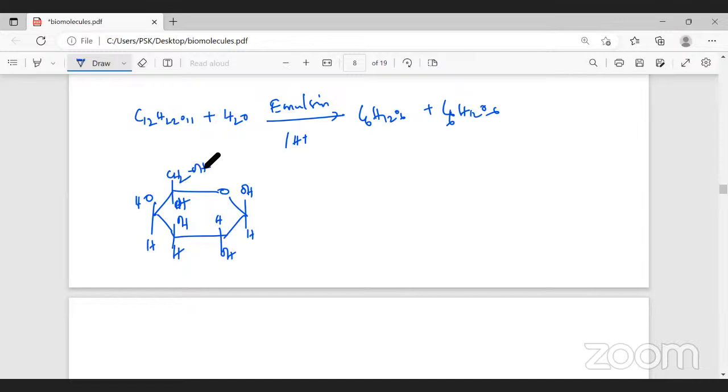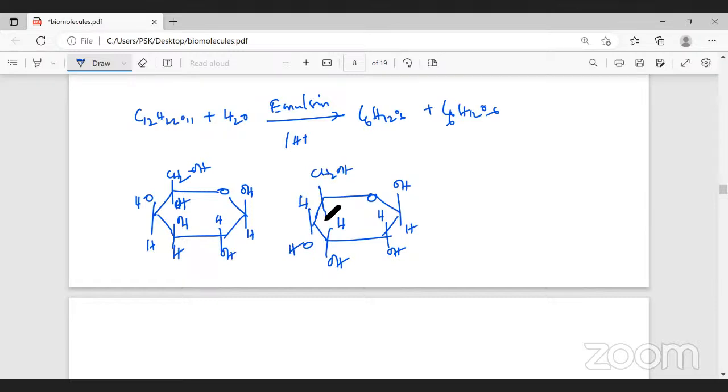This is galactose. Now, in case of glucose, again a pyranose ring. Here it will be OH, H. This is H, OH, H, OH. Here it will be OH, H, and CH2OH. And this is glucose.